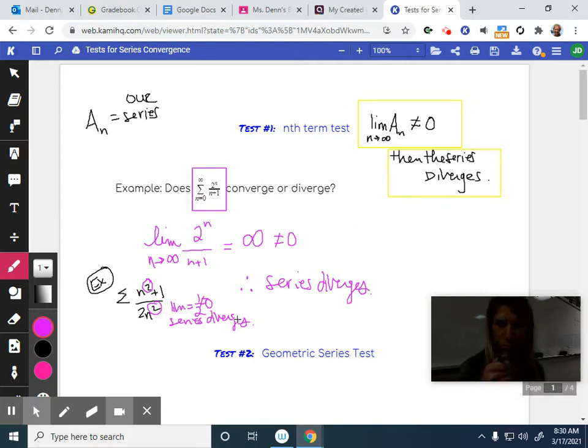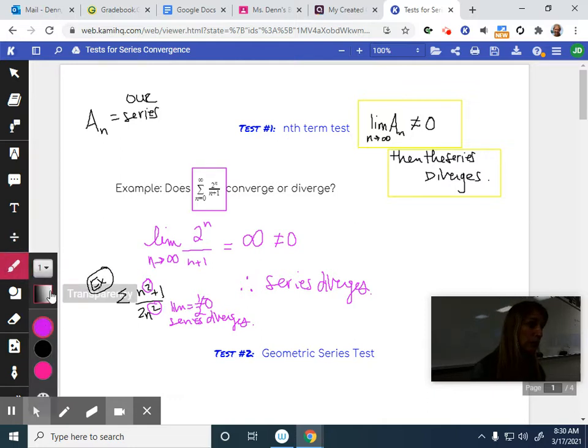Now, important caveat. The definition of caveat is kind of like a warning. Just because you get a series whose limit goes to 0 doesn't mean it converges. It just means you've got to keep testing. So all this test tells us is whether a series diverges or whether we should continue on and keep checking. So should I write that down?